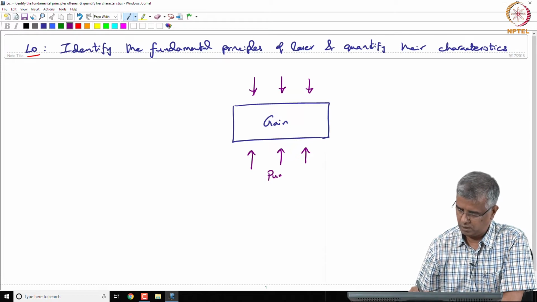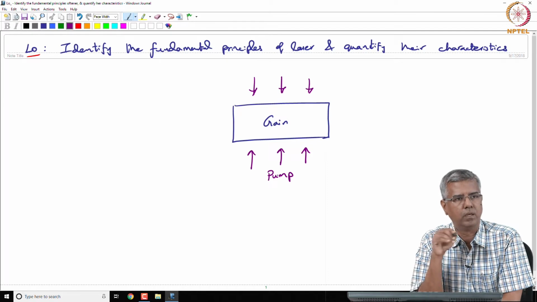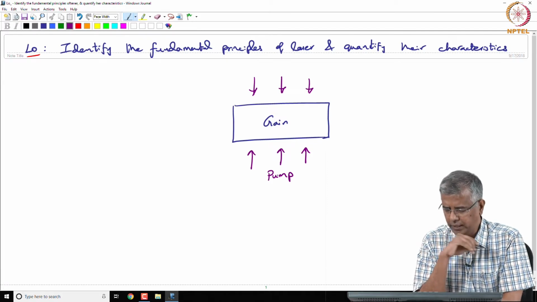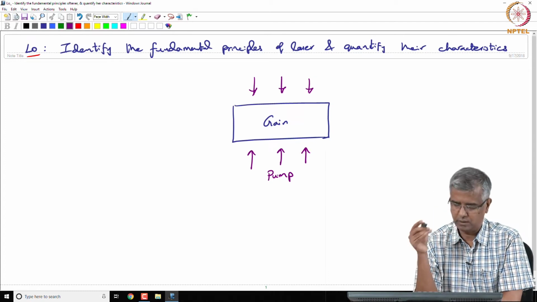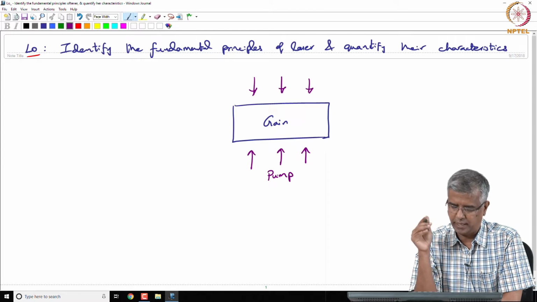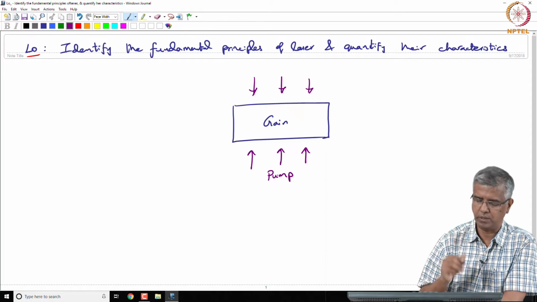The pump is required to take this medium above thermal equilibrium conditions, and then we know that it is going to excite the atoms in the gain medium to a higher energy level from which you can achieve stimulated emission.